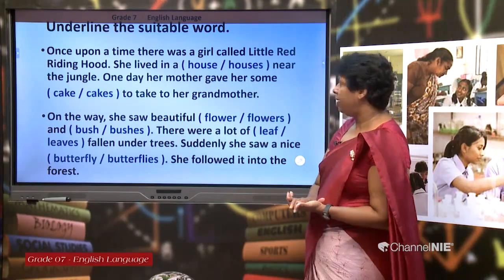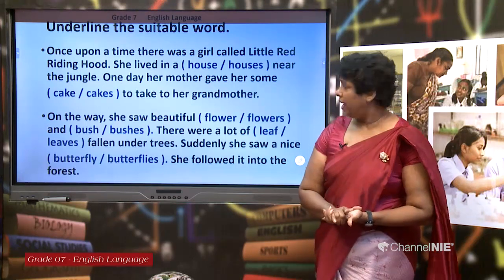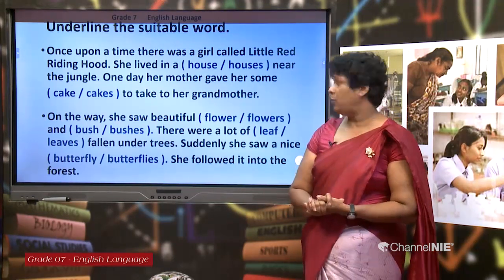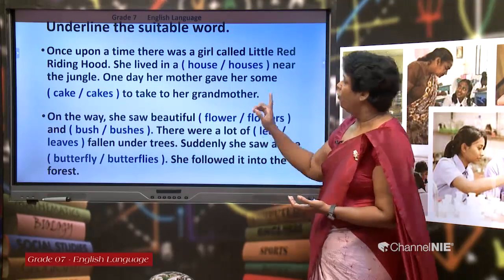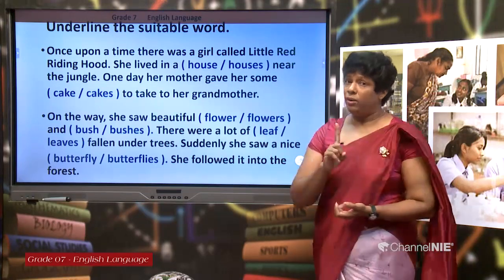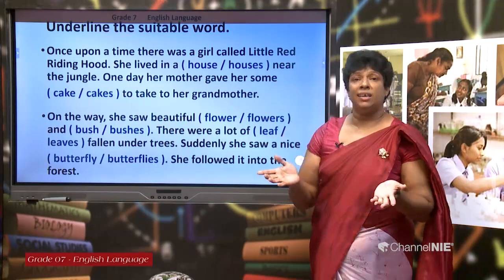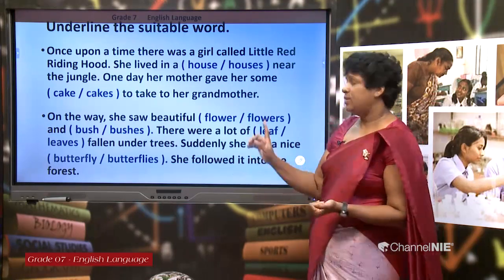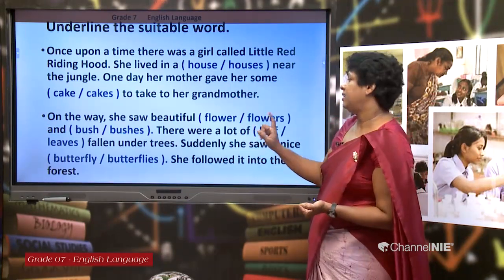to take to her grandmother. On the way, she saw beautiful... flower or flowers. Is there one flower or many? Normally, we know that there are many. So, you have to choose the correct one.